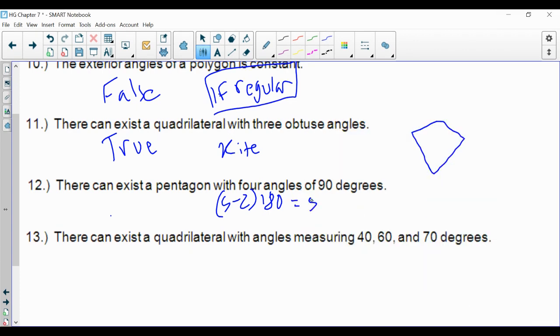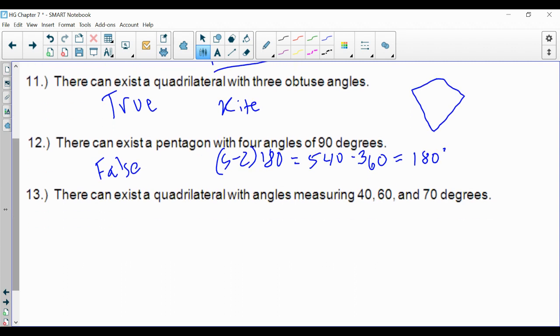And that is 540. And if 4 of your angles are 90 degrees, that means I'm subtracting 360, which means you are left with 180 degrees for your last angle, which means that's not possible. You can't have a straight angle as one of your vertices. So this is false. This would just be a never statement if it was always, sometimes, never.